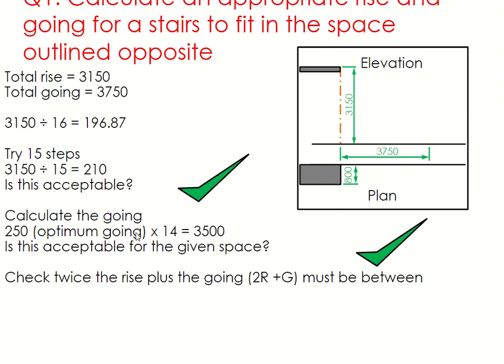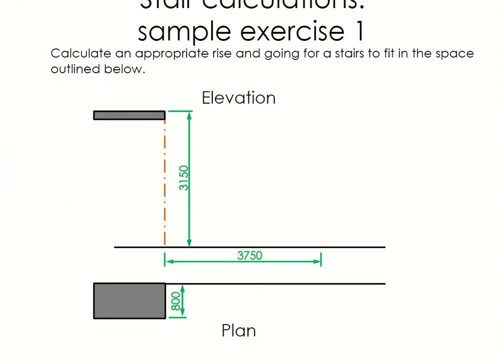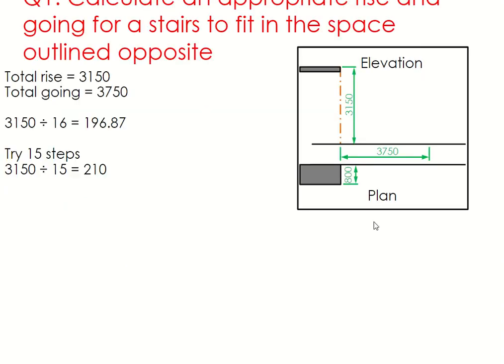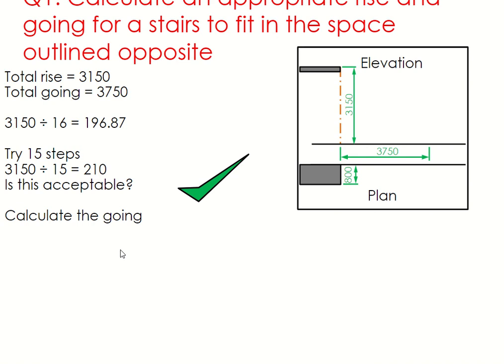Now remember, I'll go back there just to explain. For the rise, we got that the total steps we're using is 15. So our flight of stairs in this case is going to have 15, because it's a nice round even number to work with compared to what 16 was. Remember that the going is going to be one less than the steps.